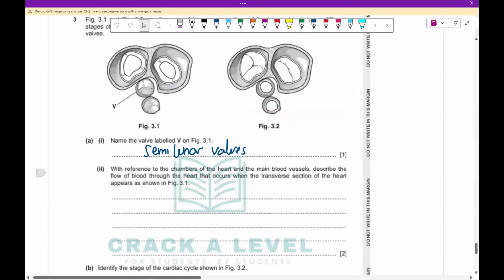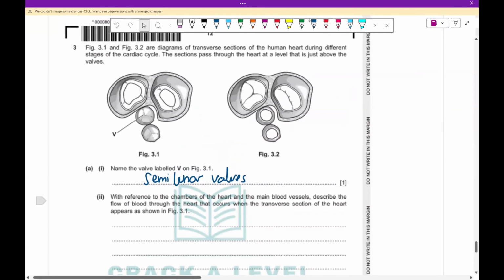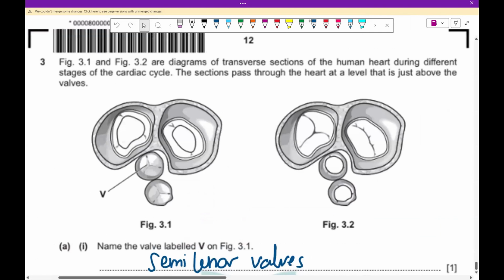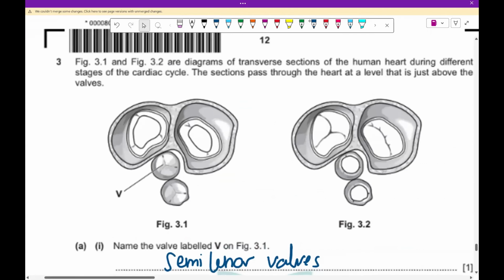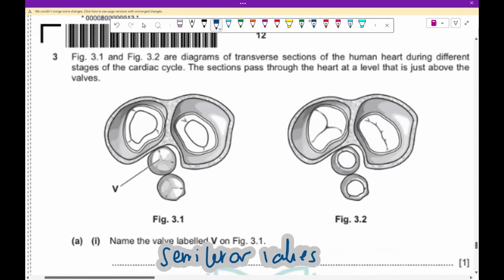With reference to the chambers of the heart and the main blood vessels, describe the flow of blood to the heart that occurs when the transverse section of the heart appears as shown. So transverse section in figure 3.1, right? In 3.1, we can see that the semilunar valves are closed. Transverse section basically means seeing the heart or any sample by cutting through it.